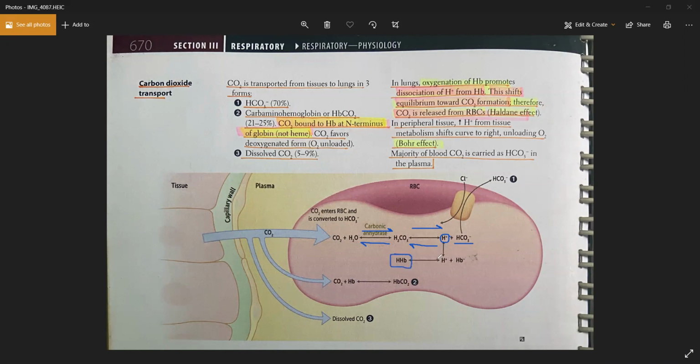Because you're removing the H plus from the RBCs, the forward reaction will take place. As a result, more of the CO2 will be converted into carbonic acid and then into bicarbonate.